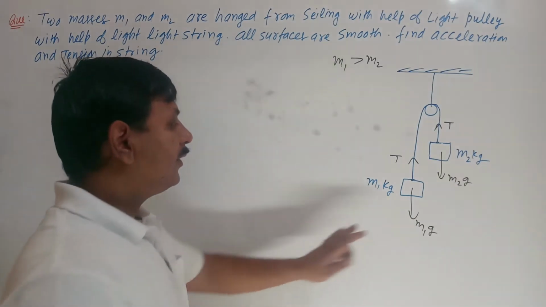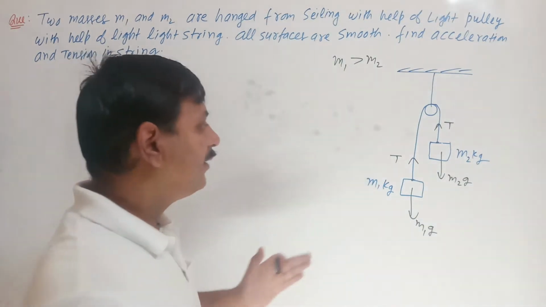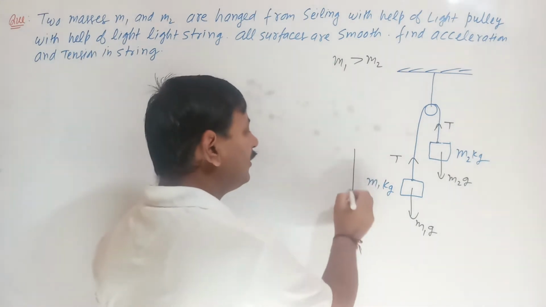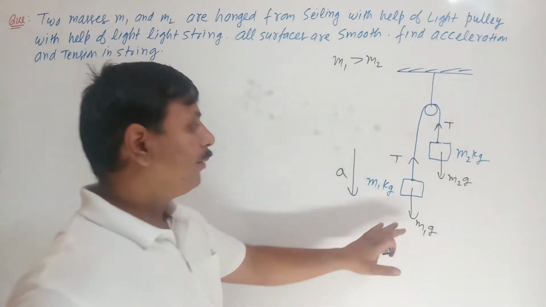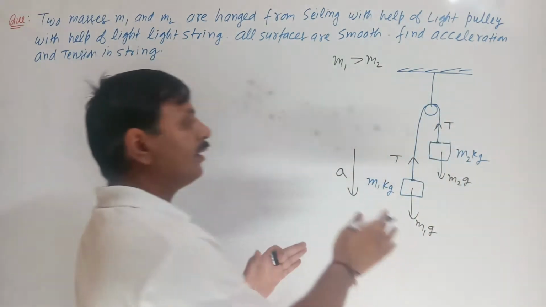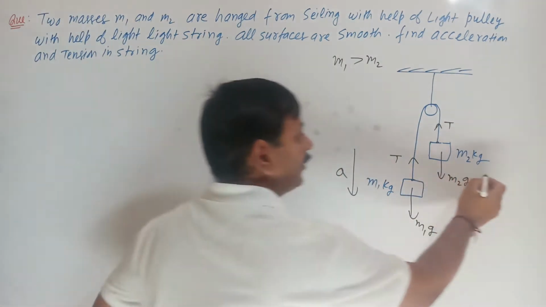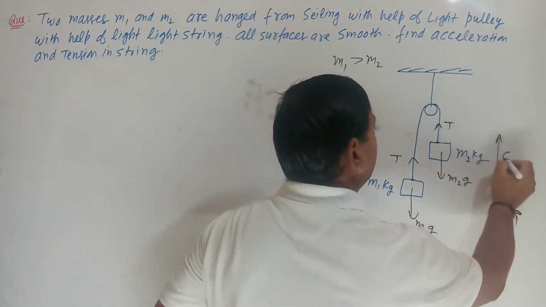Suppose M1 is greater than M2, so there is an unbalanced force and M1 has a tendency to move downwards, with the same string there. So this will go downward, and this will move upward.